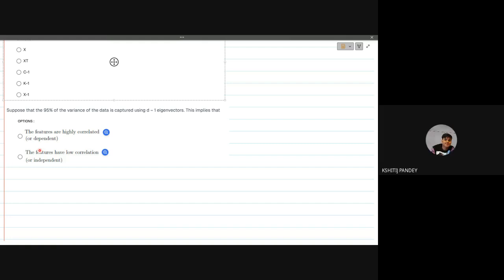And why is that? Because if they were lowly correlated, we would be able to eliminate most of the features. Here we need almost d minus 1 eigenvectors, which means they are closely related so that we can't reduce their dimensions.